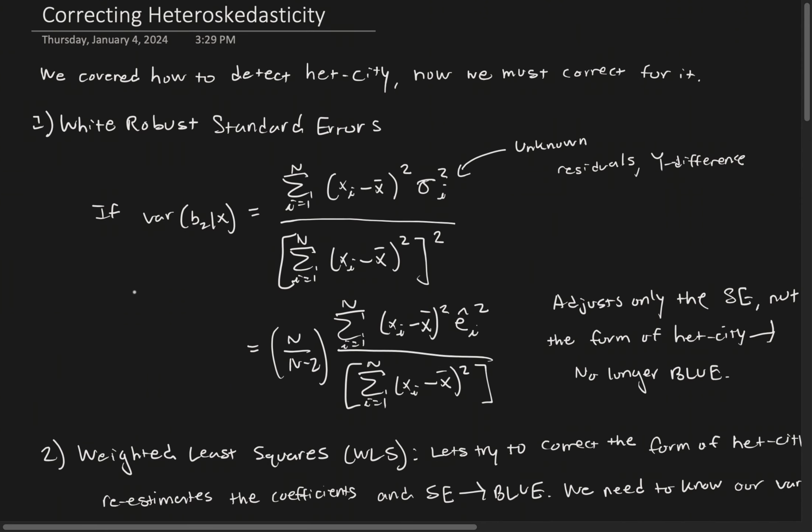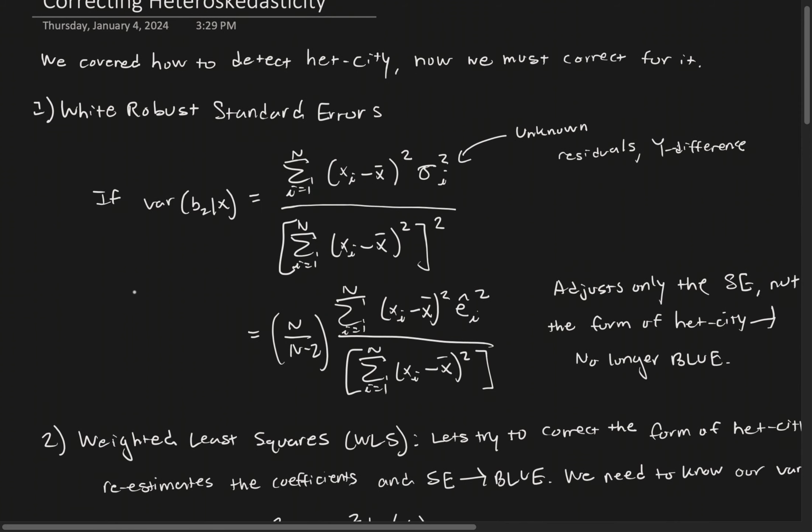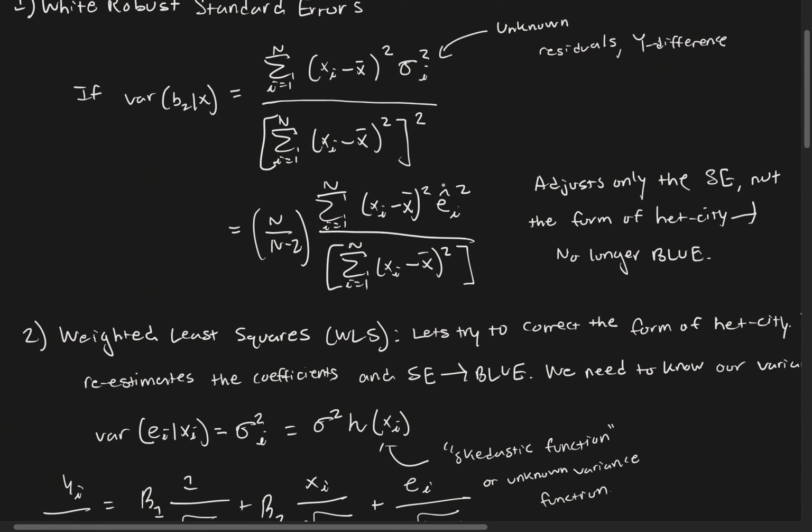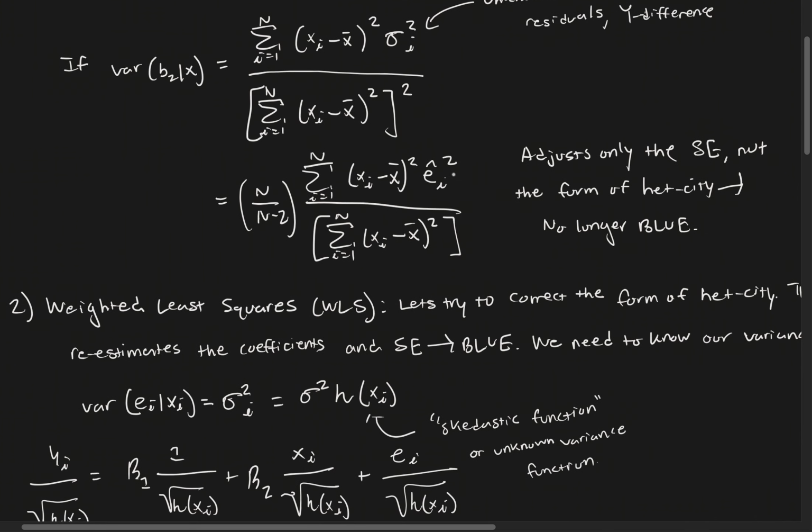Alright, so one method of correcting for heteroskedasticity is called the white robust standard errors. Given this variance function here, we assume this is our unknown residuals, because if it has heteroskedasticity, then our residuals are inconsistent. In the second part of this equation, we're calling this the unknown form of the error.